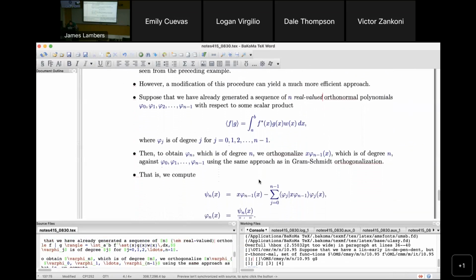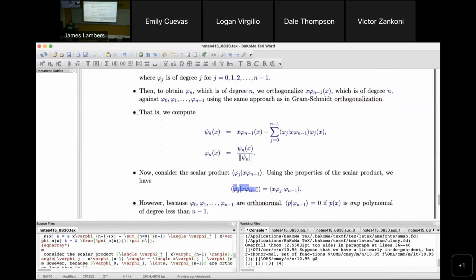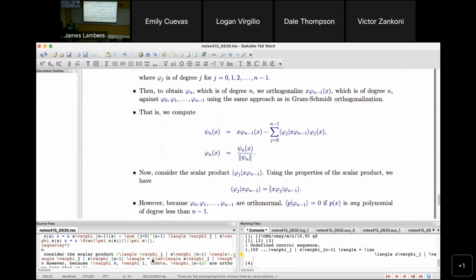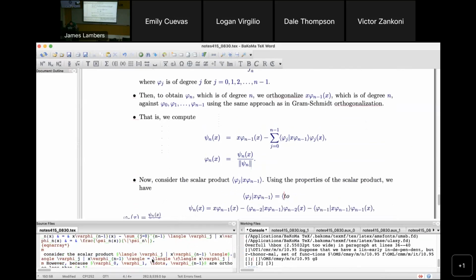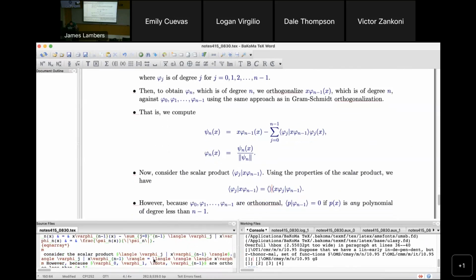So here's our scalar product we need to compute, orthogonalizing x phi n minus 1 with phi j. Now I'm going to write out what that is in terms of our definition of the scalar product. That's the integral.